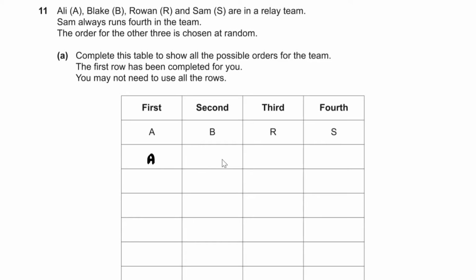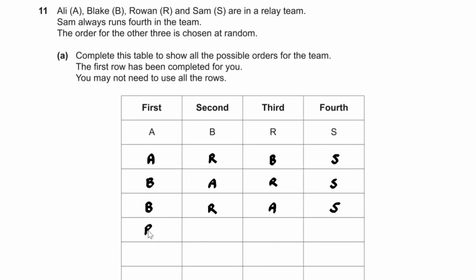So we could have A first, R second, and B third. Sam is still going fourth. We could have B first, then A second, R third, S is fourth. Or we could have B first, R second, A third, S fourth.